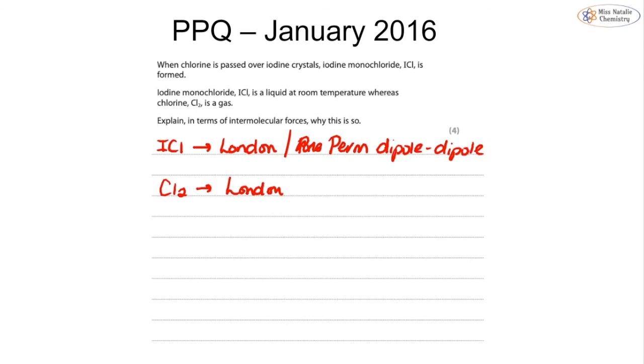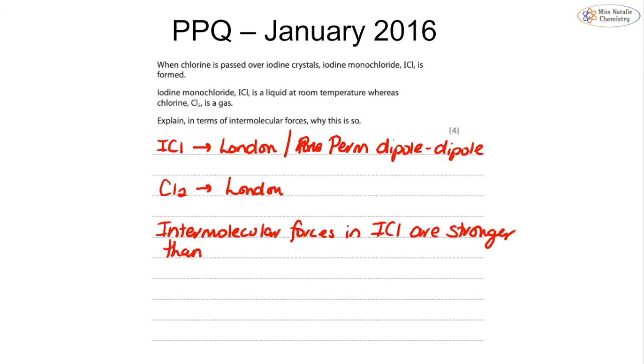Now, because ICl has 2 types of intermolecular forces, that means that the intermolecular forces in ICl are stronger than in Cl2, okay, because it has both the London forces and the permanent dipole forces in order to overcome. So we're going to need more energy.